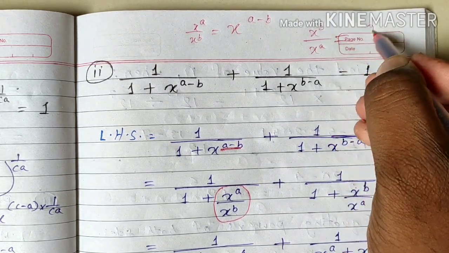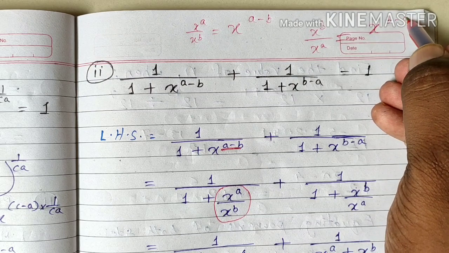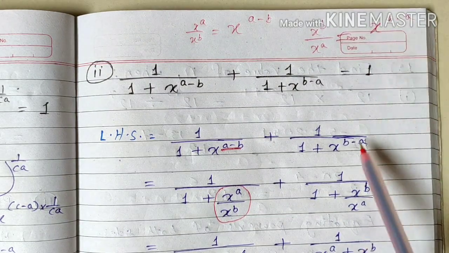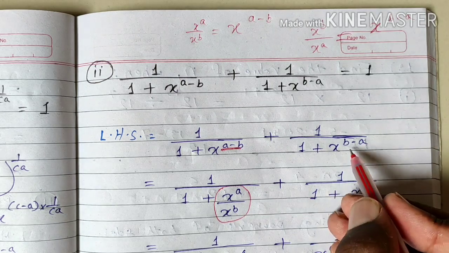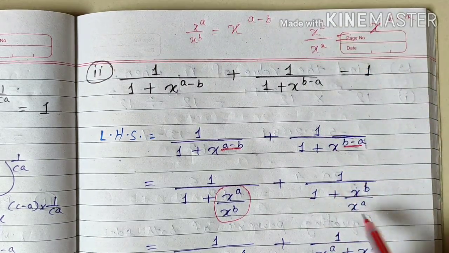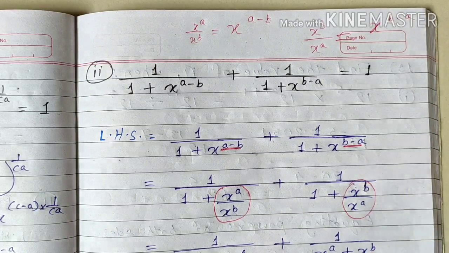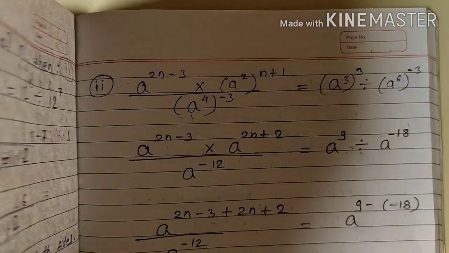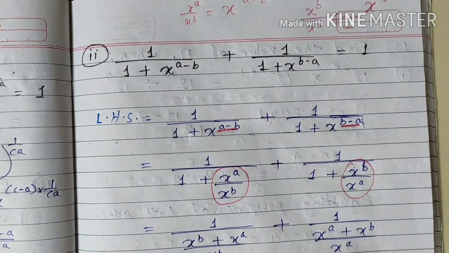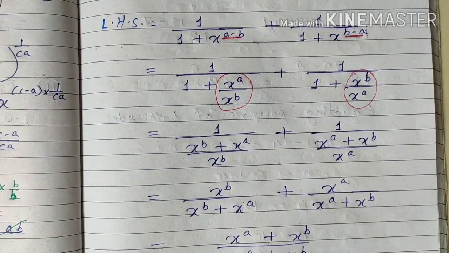So for x raised to b minus a, we have written x raised to b upon x raised to a. Understood till here? Okay, now move to the next step.